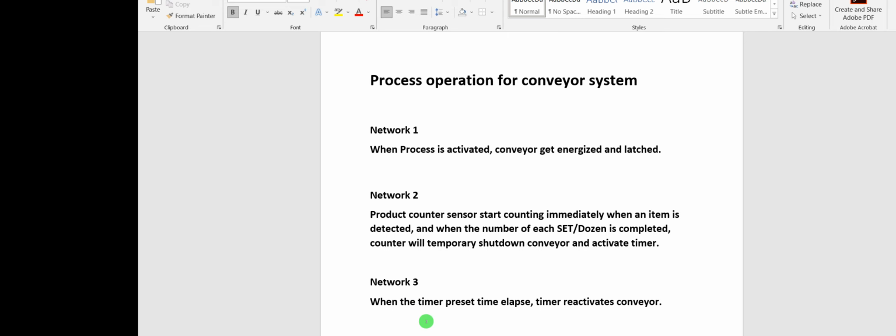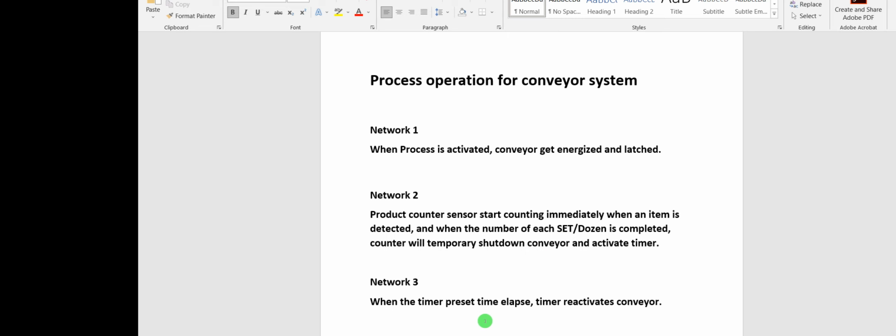We're going to add another network, but that network is going to be another counter. This counter is responsible for counting the number of items per batch or per dozen. So we're going to insert another network, making network 4.